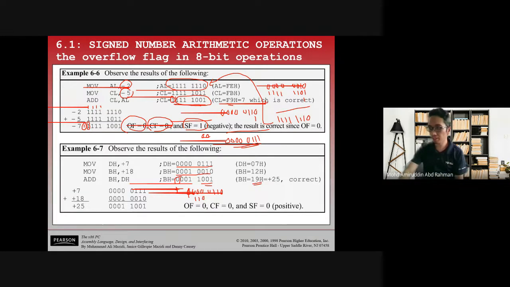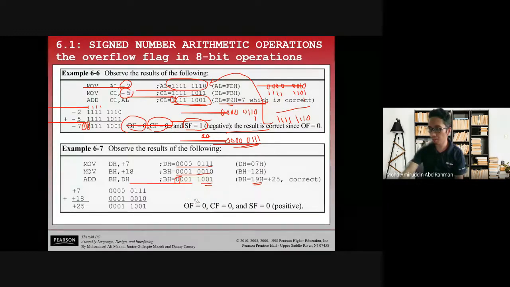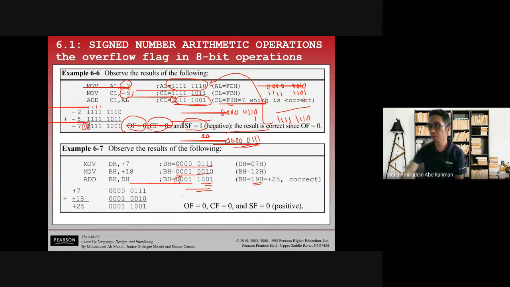Can anyone help me to invert this? How to get 25 from here? For this one, we already did the inversion. But for this one we don't do the inversion, so we just take the number directly. This is 2 to the 4, 2 to the 3, and 2 to the 0: 16 plus 8, plus 1.